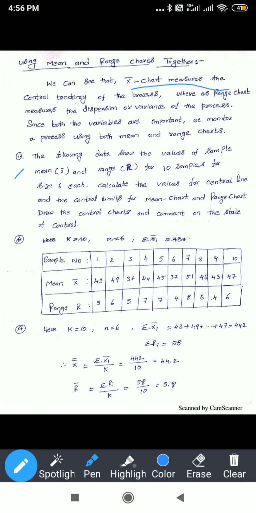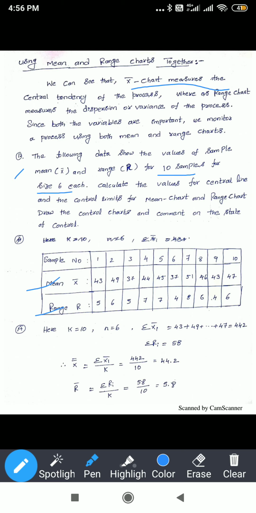The first question. The following data show the values of the sample mean X bar and range R for 10 samples, where each sample size is 6. Total samples are 10 and each sample size is 6.